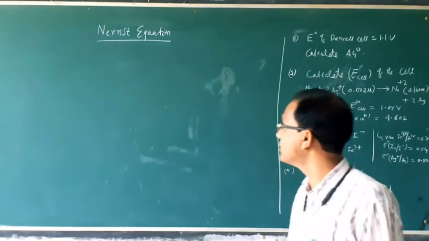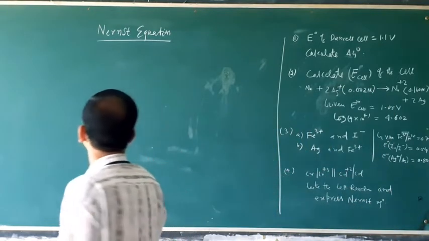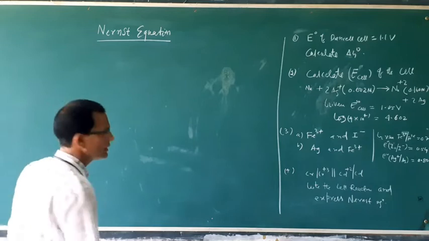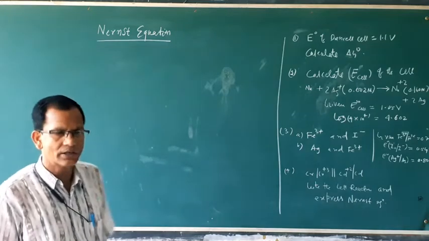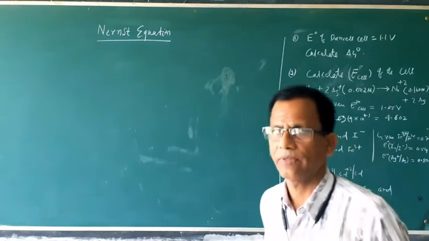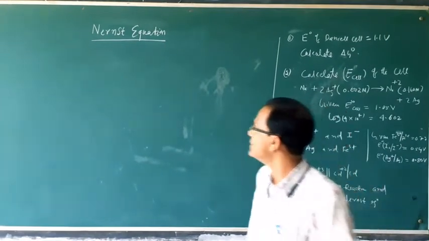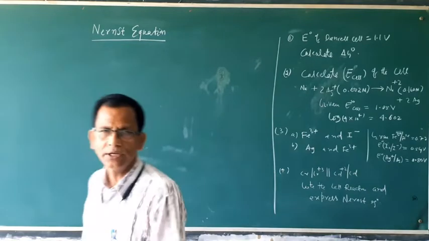It derives the relation between cell potential, standard electrode potential, concentration of ions in the solution and temperature. That is called the Nernst equation.